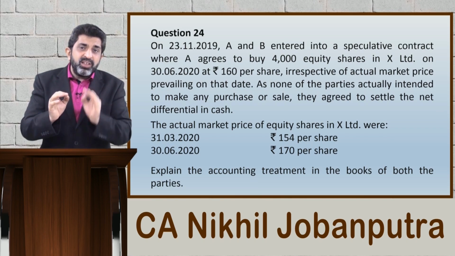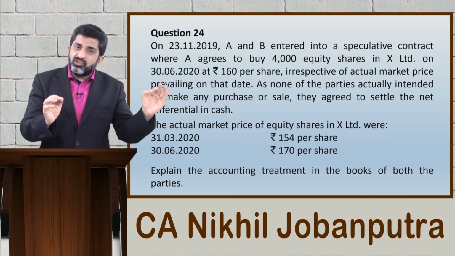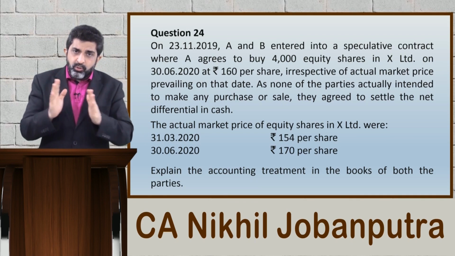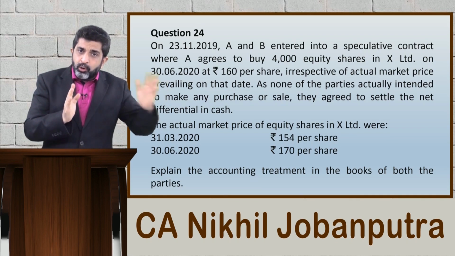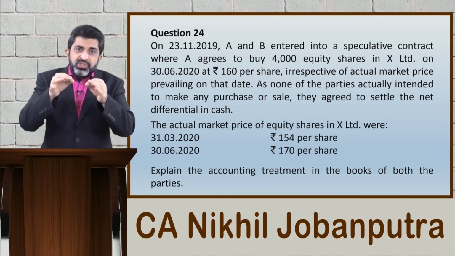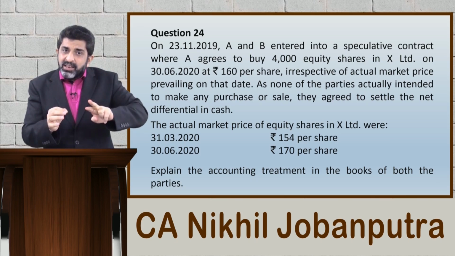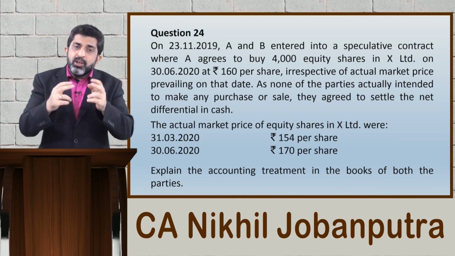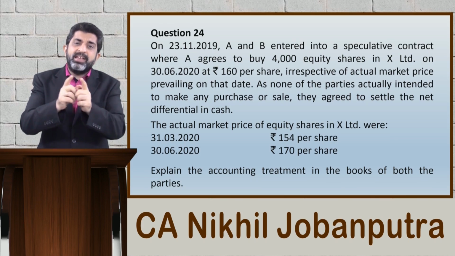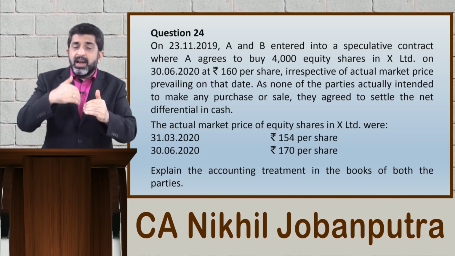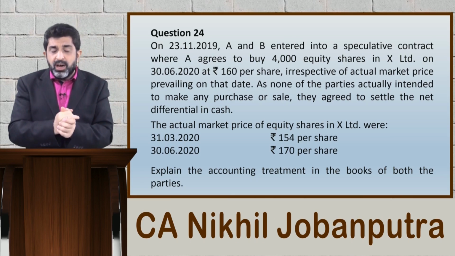And mind it, this is not a regular way of purchase or sale. We are not implementing trade date accounting or settlement date accounting. So, just keep those things out of the picture. Here, this will be accounted for as a derivative, and a derivative asset or a derivative liability will emerge only and only when such contract becomes potentially favorable to one party and potentially unfavorable to the other.